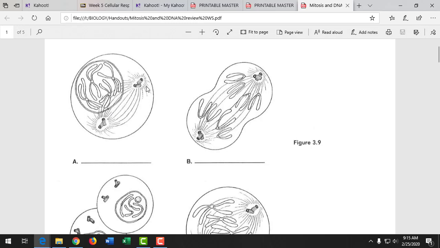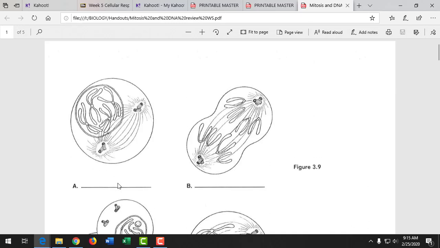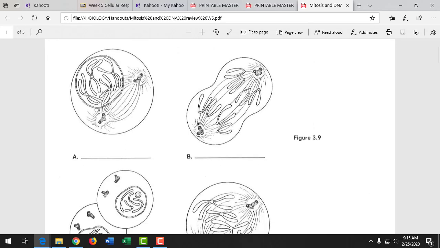A typical cell that is getting ready to divide is going to have visible centrioles and chromosomes as it's in the first stage of mitosis, which we call prophase. So letter A here is an example of a cell in prophase, and you know it's in prophase because I can see visible chromosomes.